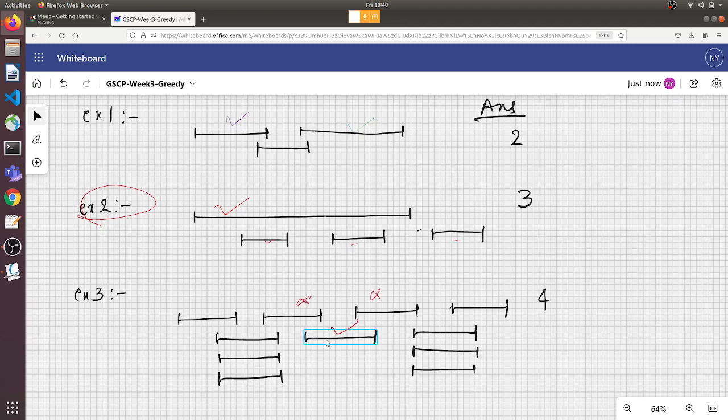Then let's say we pick this one, then we can't pick any of these, and if we pick these, then we can't pick these. In that manner the answer will be 3 only, and that is the approach when we greedily pick first the interval having the minimum overlaps. So that greedy approach also does not work here.